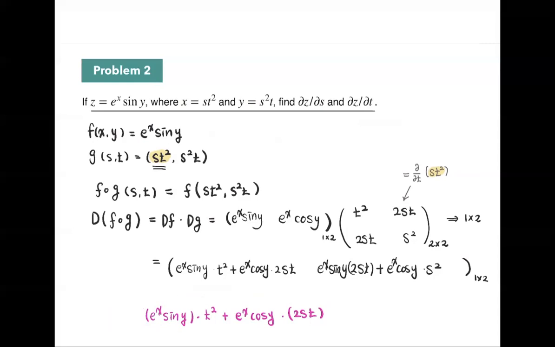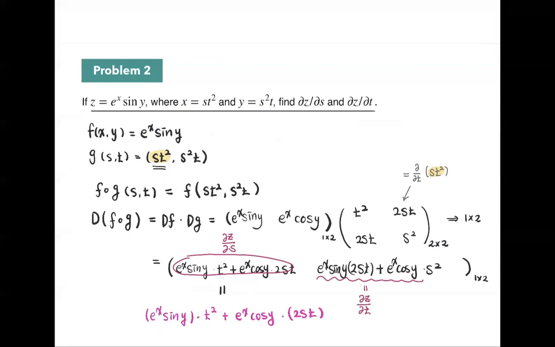Okay, and you can see that it is the same thing as this first entry, right? So this first thing is the same as dz/ds, and the second thing is the same as dz/dt.